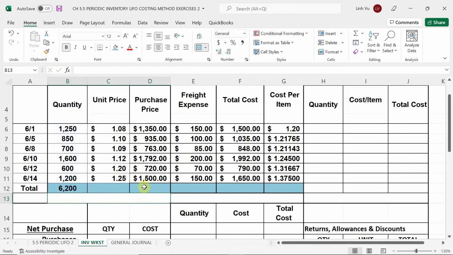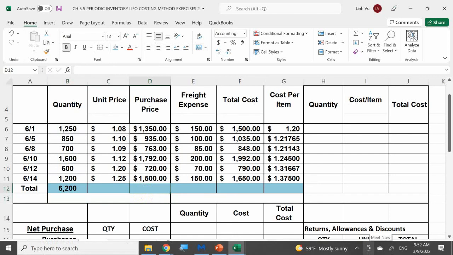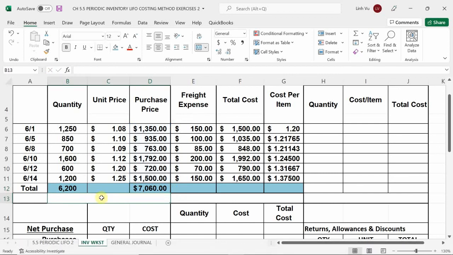Good. What was the total purchase price? $7,060. All right. What was your total freight?